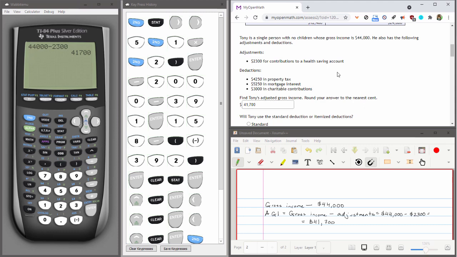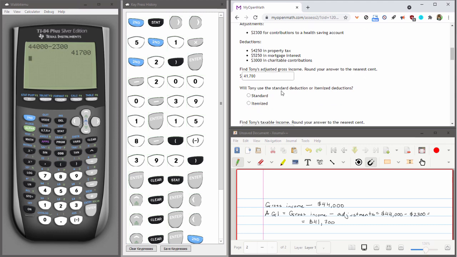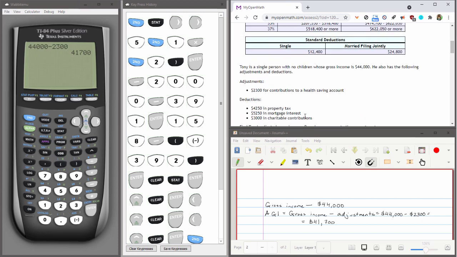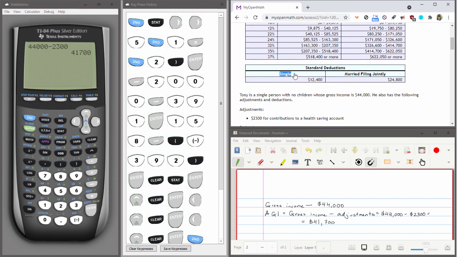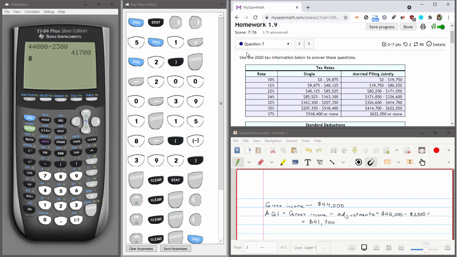Okay. Now next, we need to decide whether he will use the standard deduction or itemized deductions. Well, Tony is a single person, so we want to look at the single column in our standard deductions. This is the 2020 tax information given in this problem.